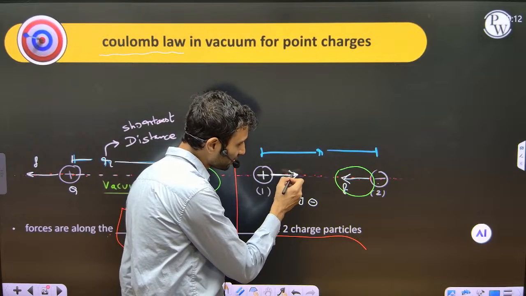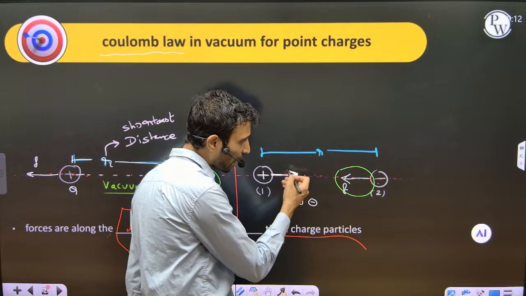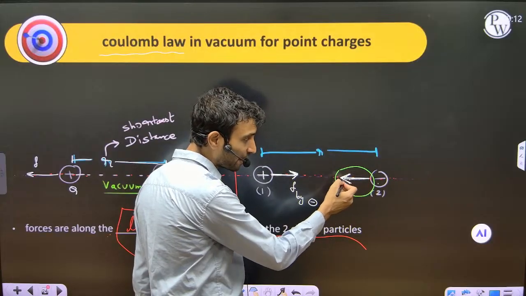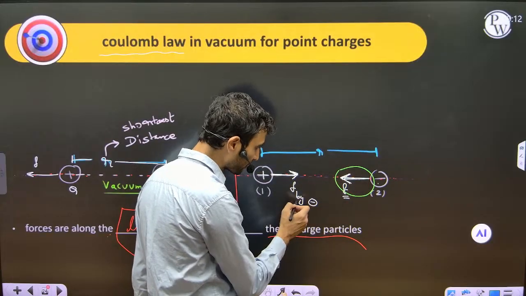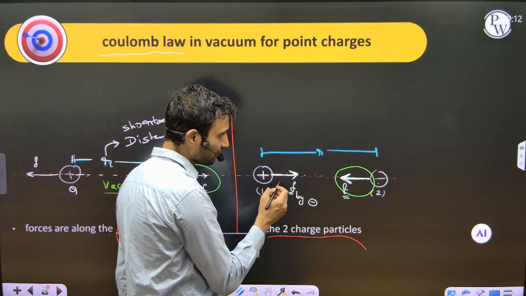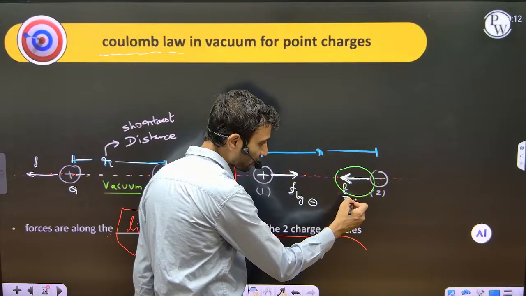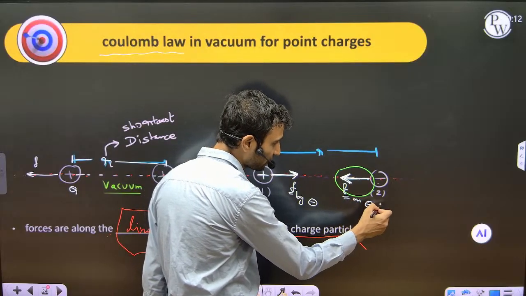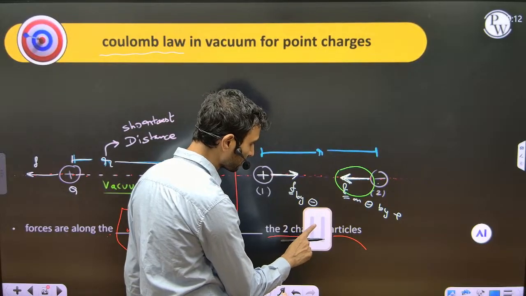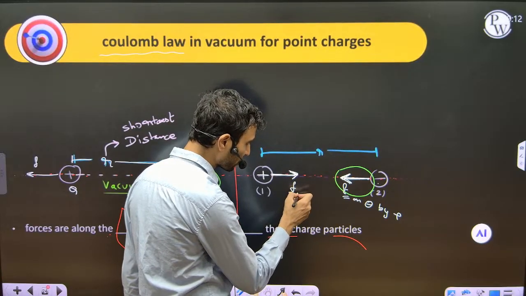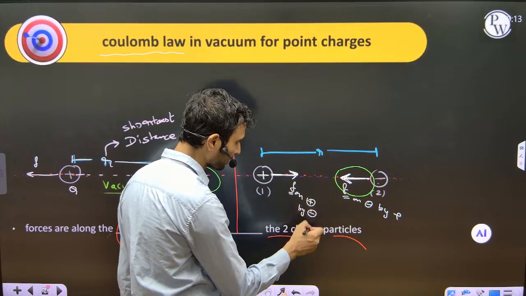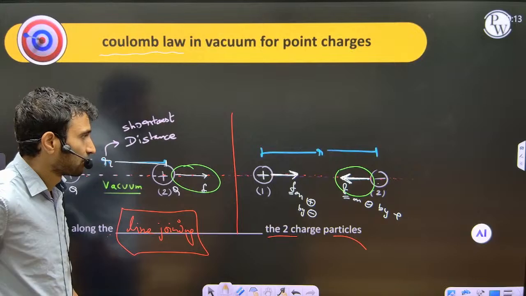So if this force is there, opposite of this force will be this force, right? So you see, the magnitude is also equal, it is the same F, but in opposite directions, right? And this force is on negative by positive, whereas this one was the force on positive by negative.